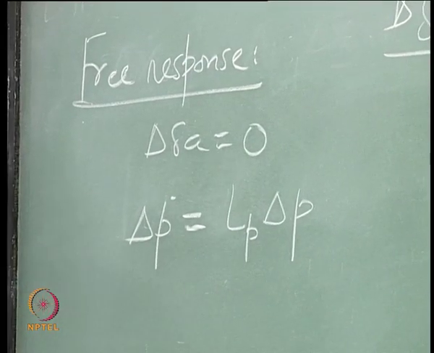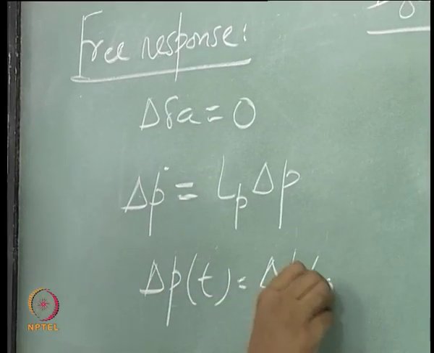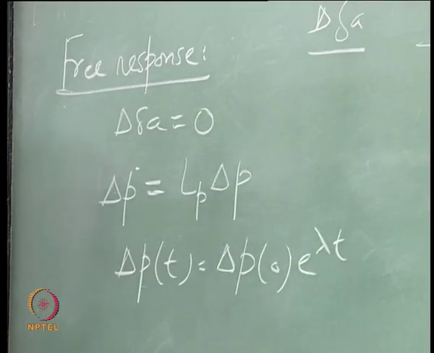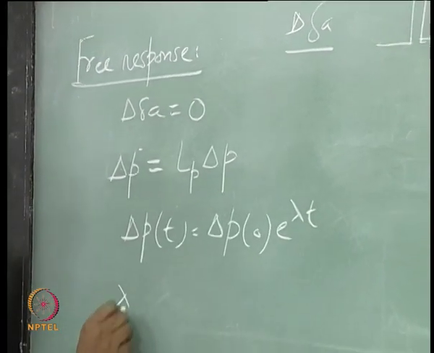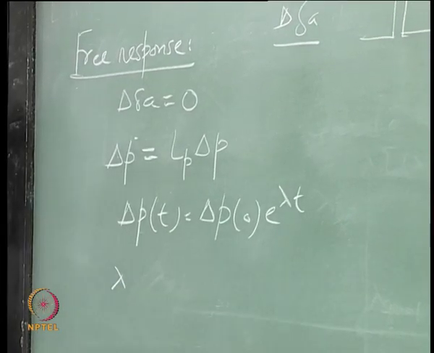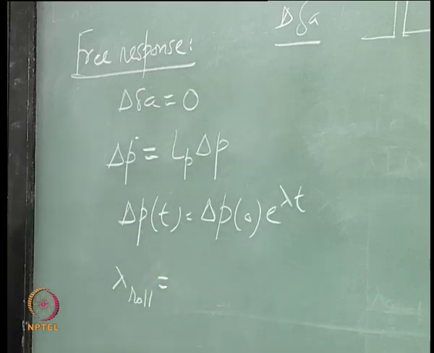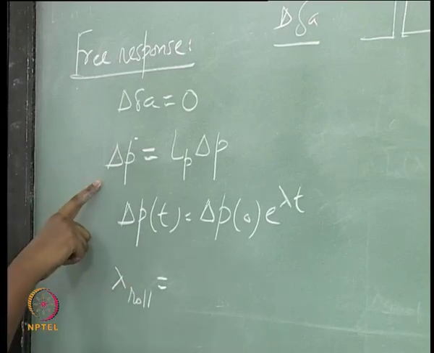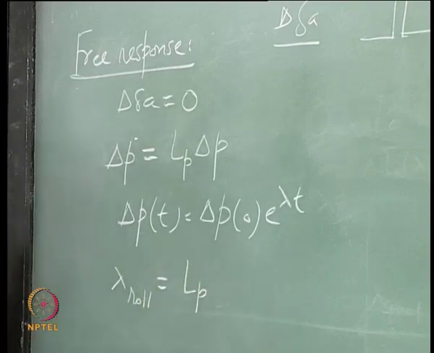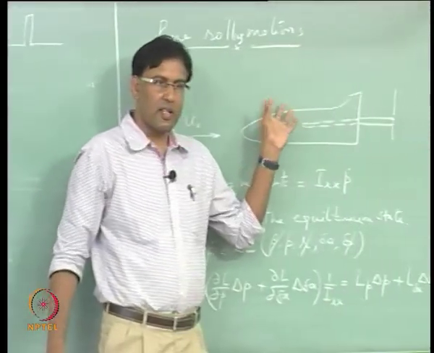Right. The response is of this form, where this lambda is the eigenvalue corresponding to this constrained roll motion, and is equal to... we said that this is a constrained system.